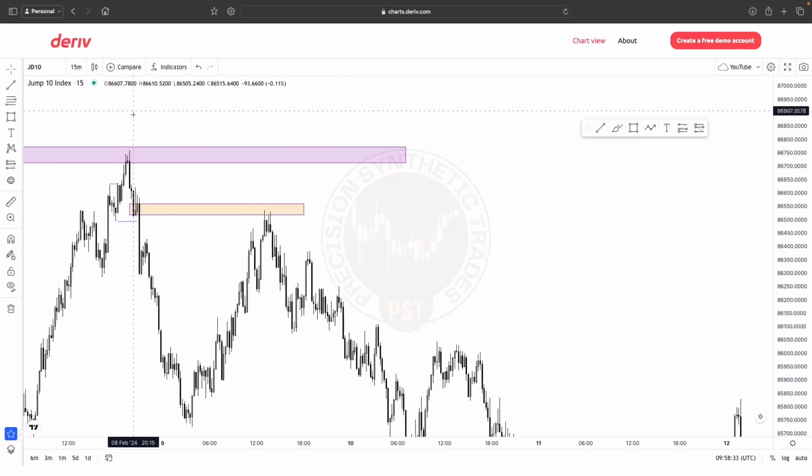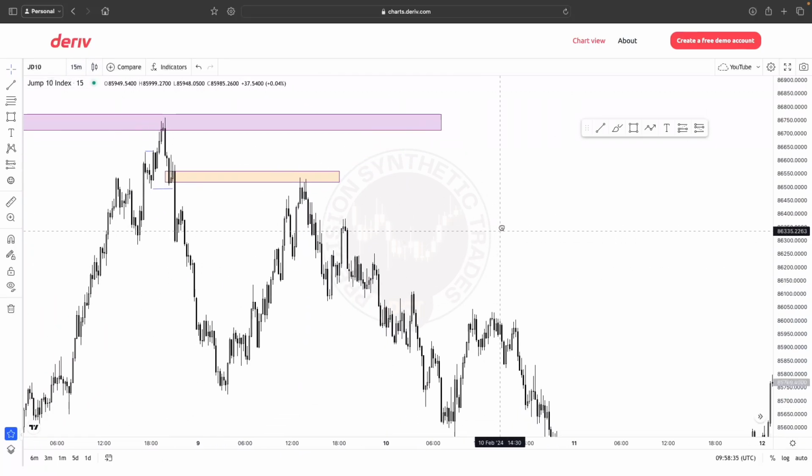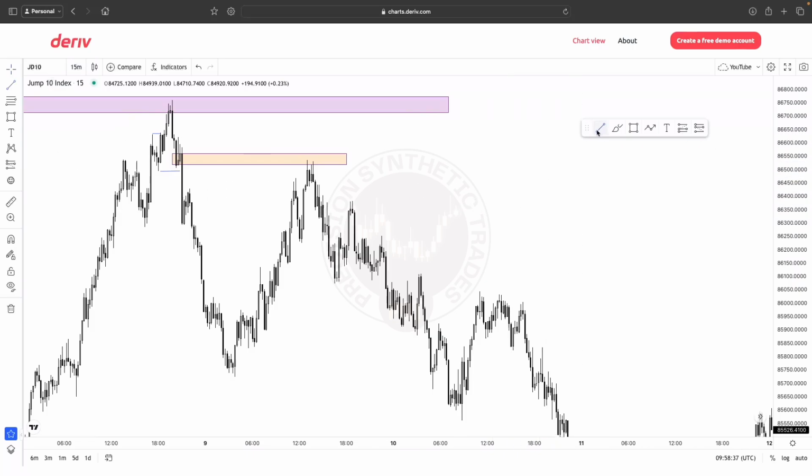Okay. So now we're on the 15-minute. Same strategy. Okay, we entered our point of interest. Did price take liquidity? Yes, there we go. Did we have a market structure shift? Yes, we did.